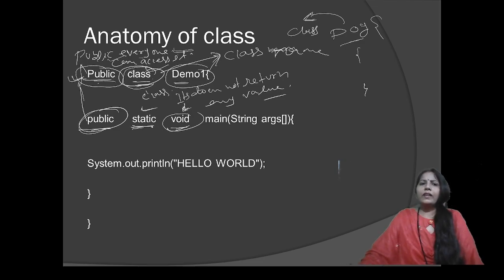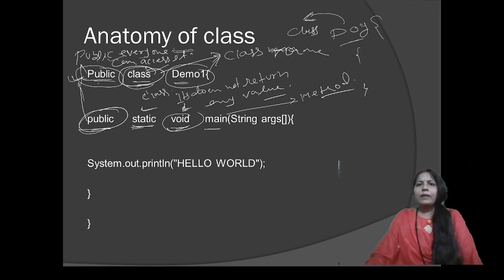Static, we can say, is a modifier. In every program, if you are working with C++, you notice that your program starts from the main function. So this is the main method. Now, what is the function of String args?